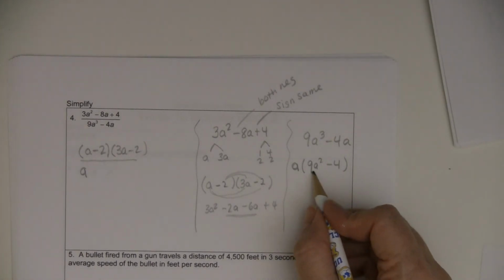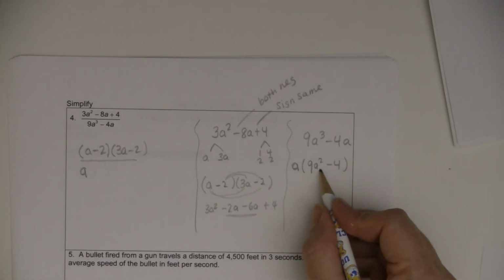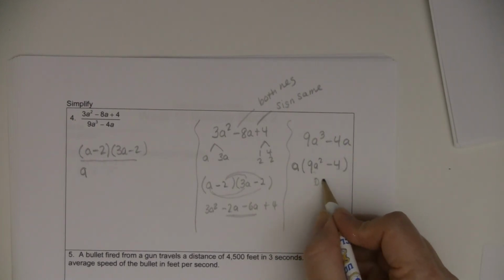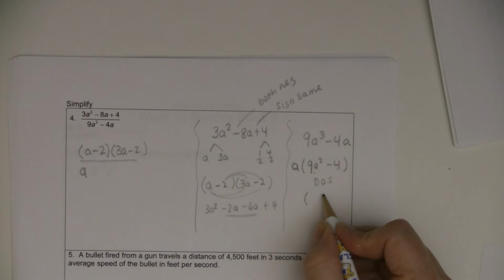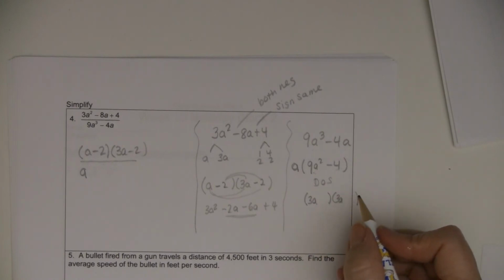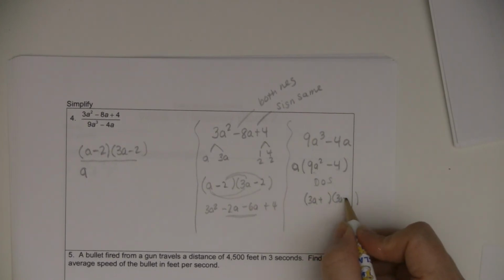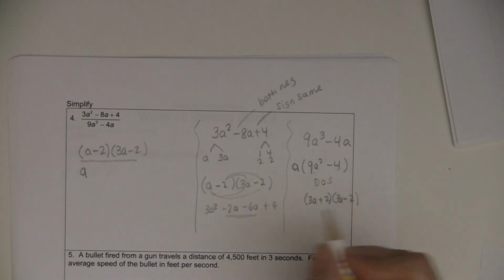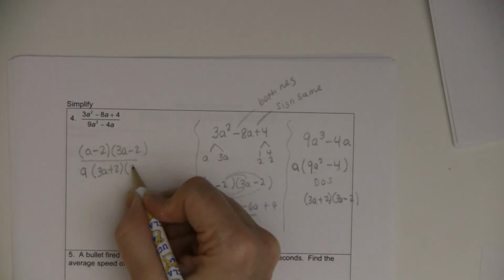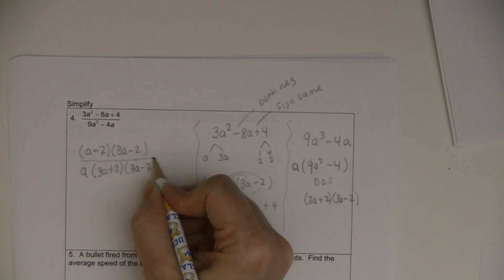And I'm looking at this and thinking, you're a binomial and I already got out the greatest common factor. Are you a difference of squares, or are you a cube, or am I all done? And you're right, it's a difference of squares. So if you were yelling at your screen, it's a difference of squares, then I heard you. And I appreciate that. So 3a and 3a, a plus and a minus, and a 2 and a 2. So this is 3a plus 2 and 3a minus 2.